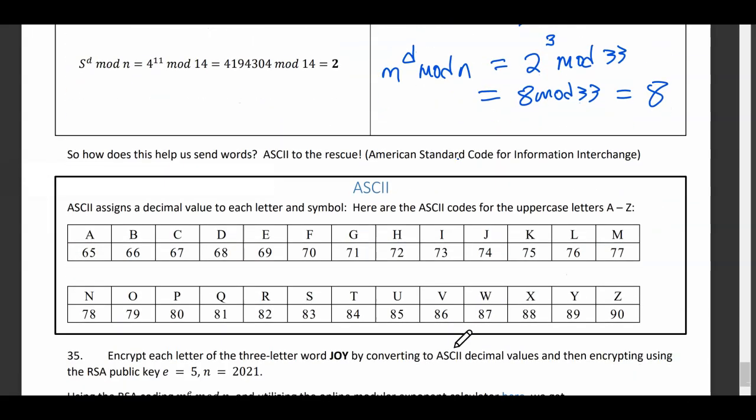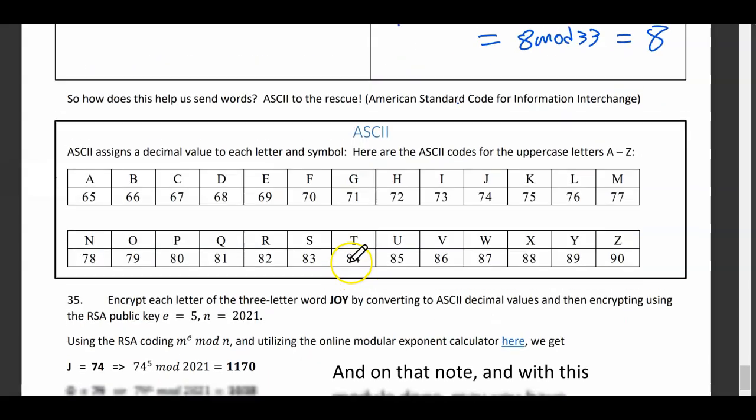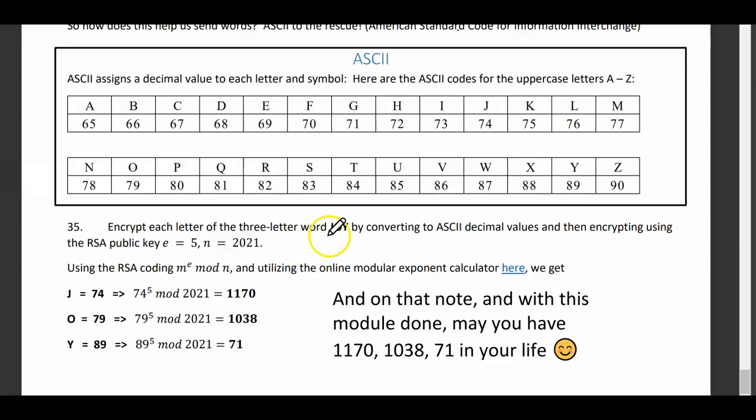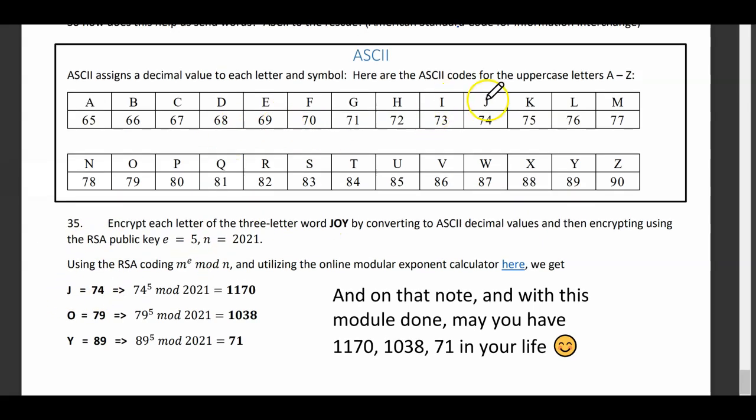The last piece of the puzzle is the ASCII codes. Basically, all the letters. The ASCII code is well known. It's the same everywhere. Letters are given a number. So are punctuations. So are emojis. Everything's given a certain number in the ASCII world. And so you take a word like joy, and look up the numbers that joy is, like J is 74, O is 79, etc. And then you take those numbers and you would encrypt them with RSA: message encrypted mod n.